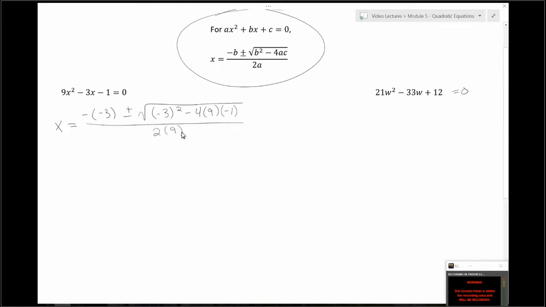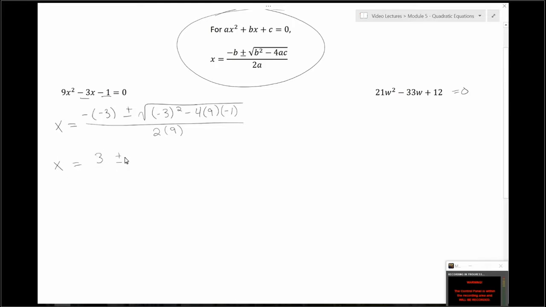Now, while you're plugging in these values, it's very easy, especially with these negatives, to mess up the negative b part, and especially so with this b squared. And that's why I suggest put all of these in parentheses until you really get the hang of it.